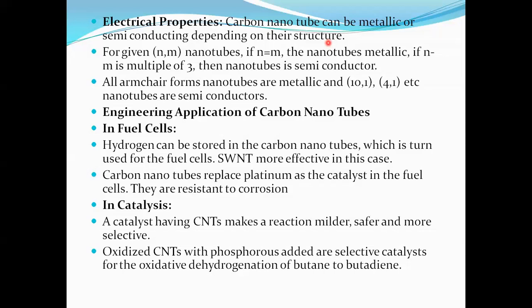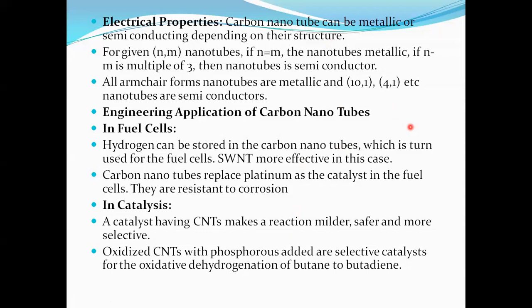When we discuss carbon nanomaterials, especially: carbon nanowires are one-dimensional, CNTs are two-dimensional, and C60 is three-dimensional.